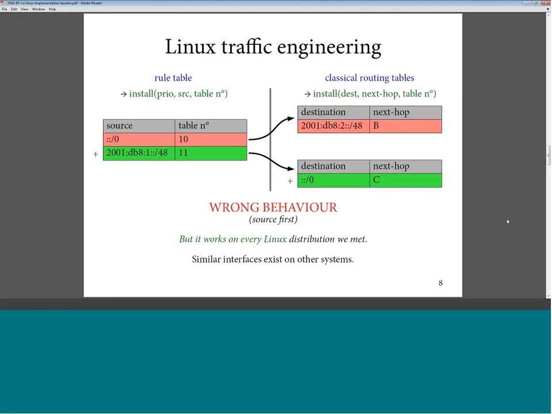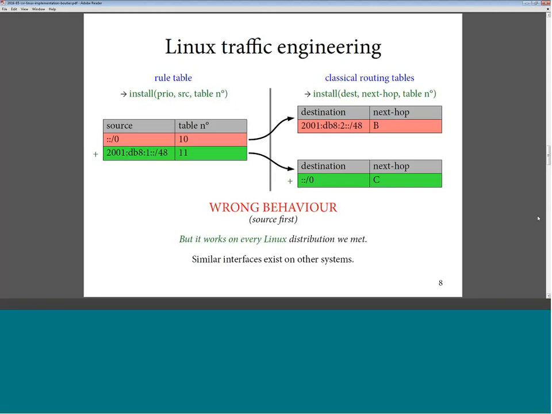So there are two operations to install a source-specific route. First, we must manage the list of rules, to install the priority and the source table. And we must also install classical routes in the routing table. The interesting point here is that we first look at the source address of the packet, so it's the wrong behavior. But it works on every Linux distribution we met, so that's a good point.